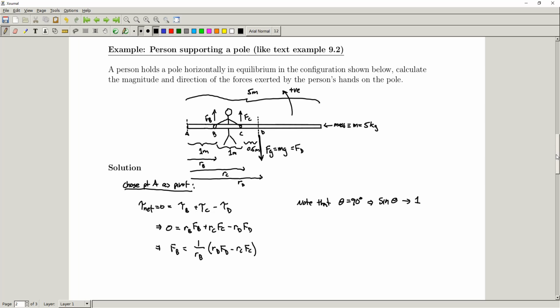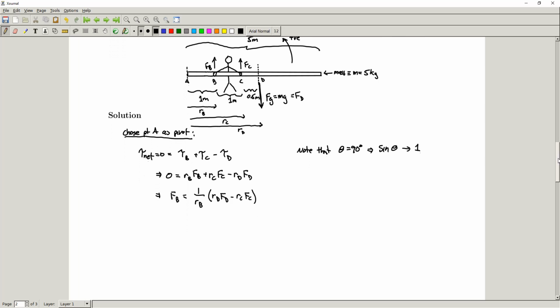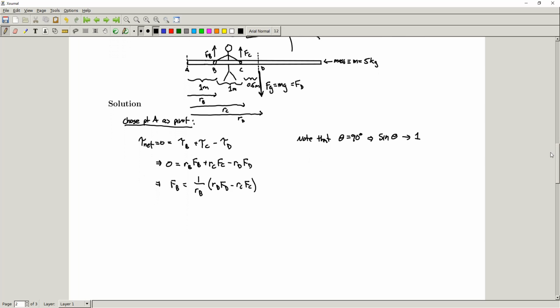And so we've used our second equilibrium condition to solve for FB, but we can't solve this equation yet, right? We don't know what FC is. We do know what the rest of the variables are, but we don't know what FC is, so we need another expression for FC. Okay, let's use our first equilibrium condition. So F net is equal to 0.